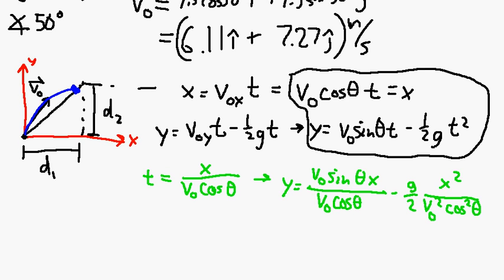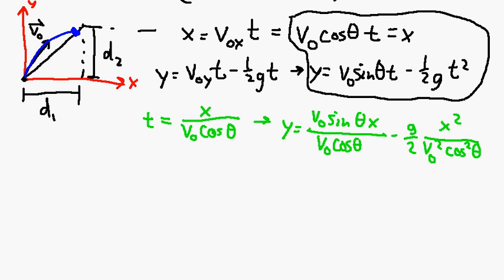So this leaves us with y as a function of x. I'm going to simplify this a little bit more. So y equals sine over cosine is tan theta, and the v naughts cancel.